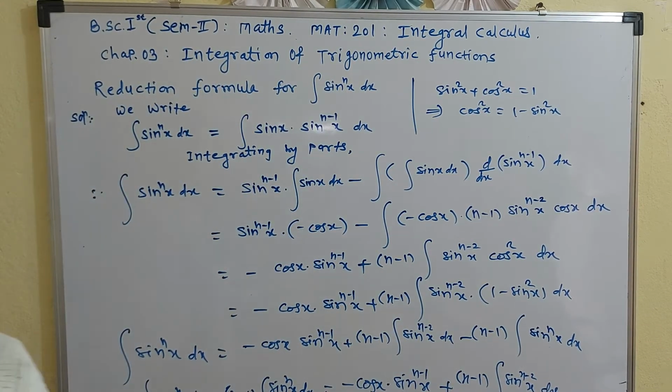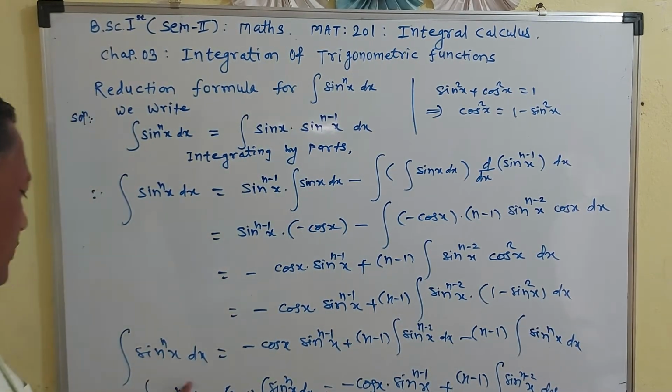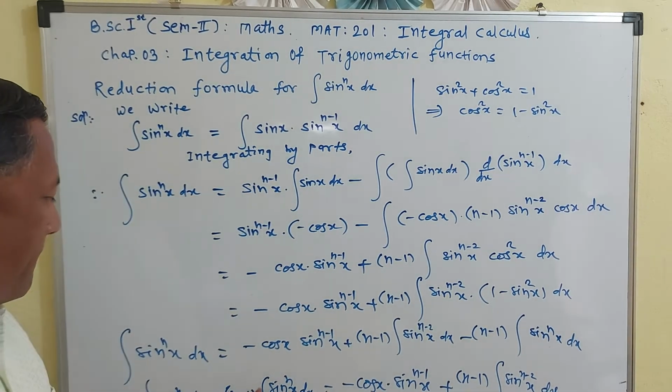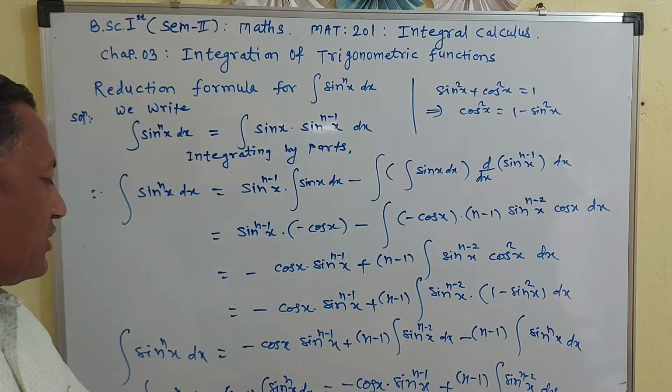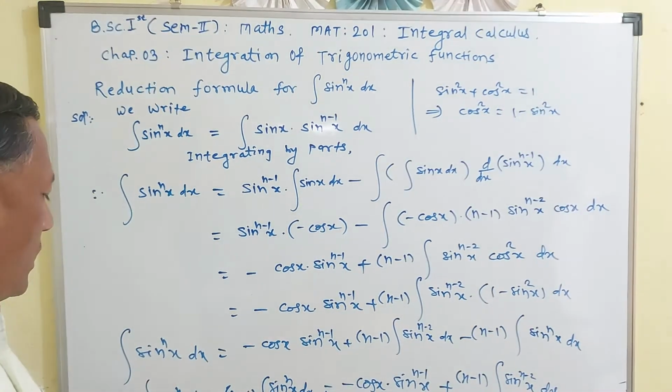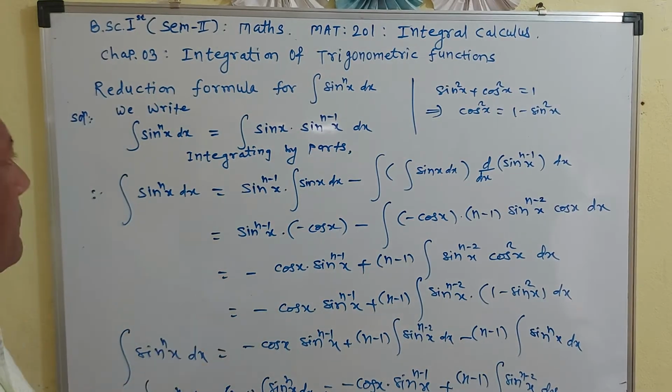Now here, integration of sin raised to n x dx plus n minus 1 into this. So you take common integration of sin raised to n x. Then here 1 plus n minus 1. 1 plus n minus 1 means n.